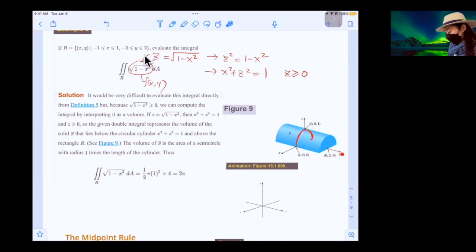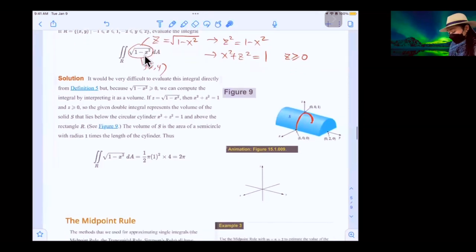Then you get a surface like this, and each cross-section is a half circle like that. Because y is restricted from -2 to 2, you get this part of the surface right here.